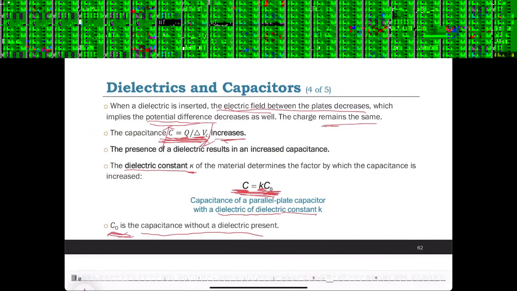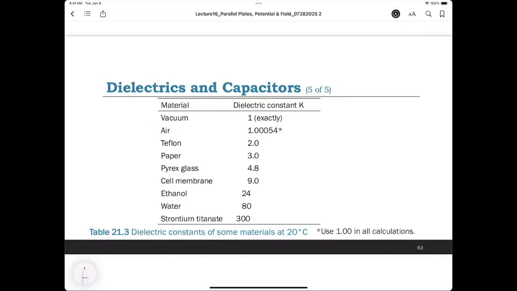Okay, let's continue to talk about dielectrics and capacitors. Here are the dielectric constants of some materials at 20 degrees.